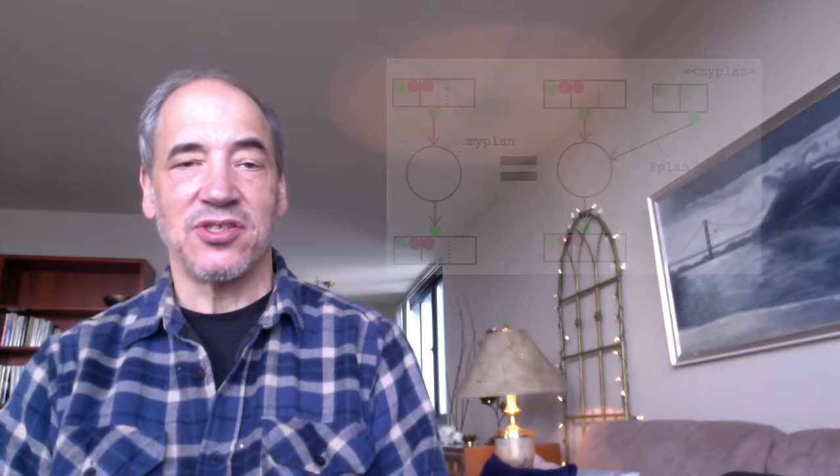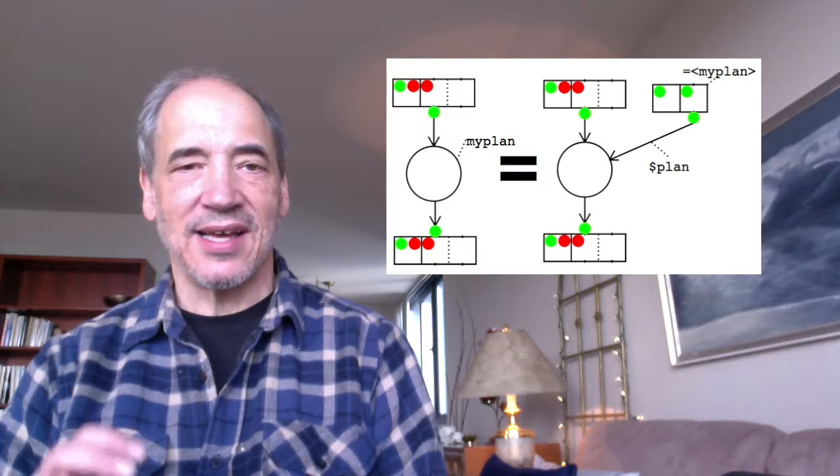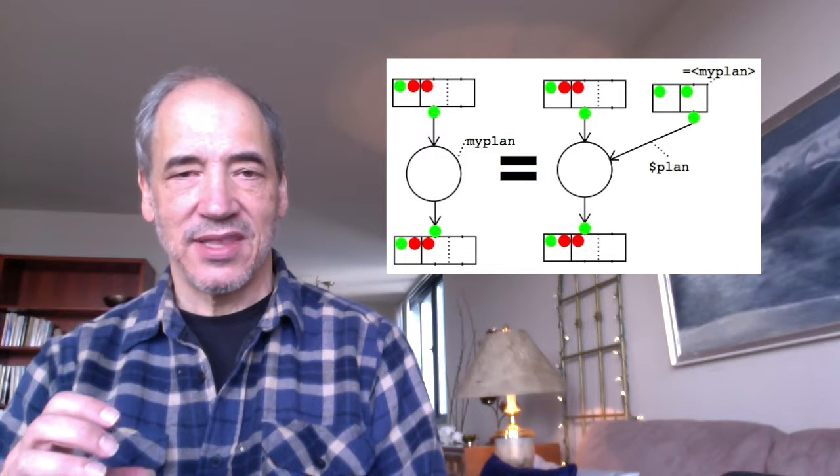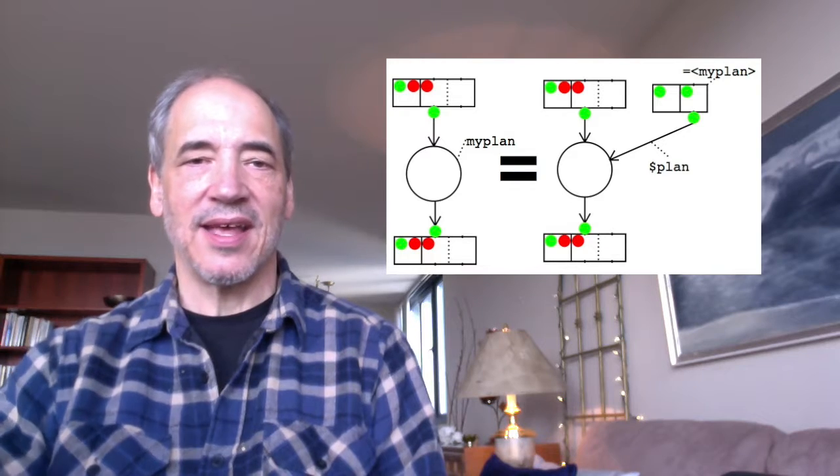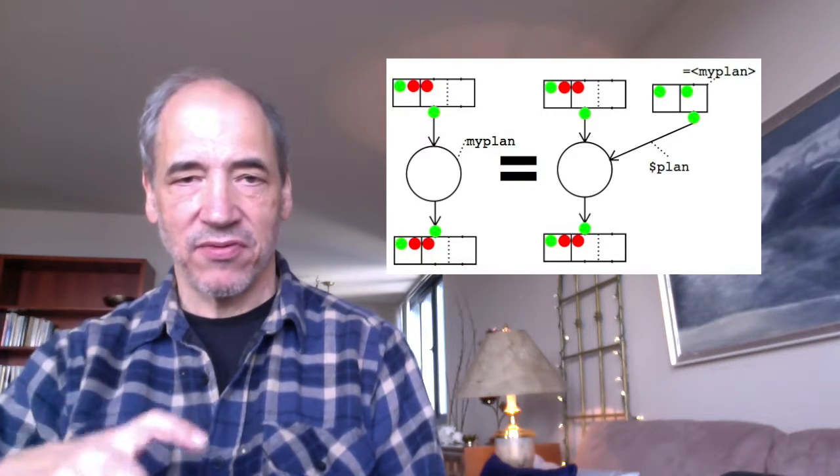As a matter of fact, even when you label a context with the name of a plan, that's really just a shorthand. It assigns that plan to a resource, and then it attaches a $plan role from the context to that resource. So again, the $plan role belongs to the context itself, not to the plan that executes within the context.